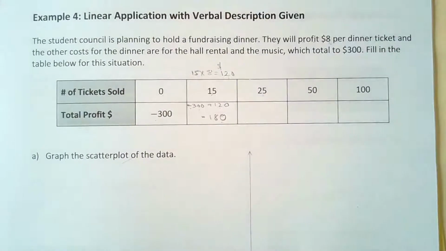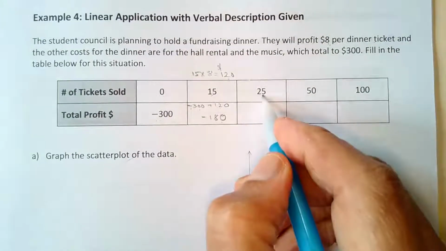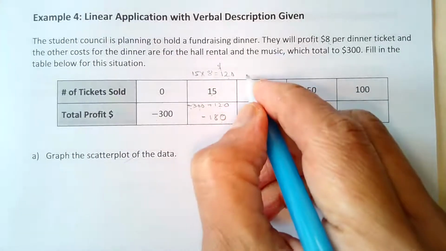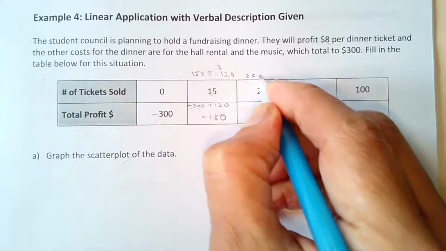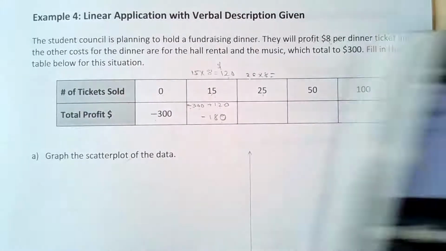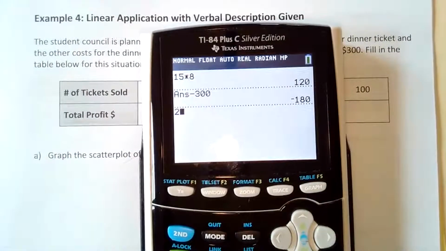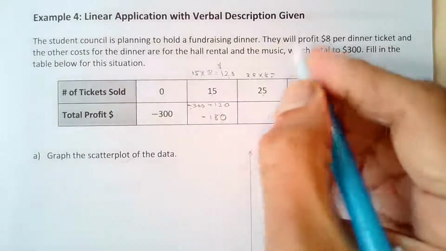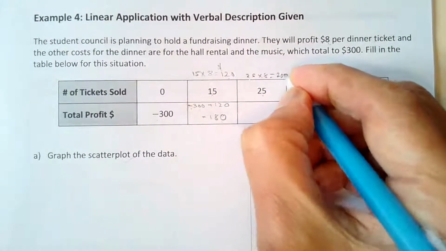But you continue to sell tickets and you've sold 25 tickets. So how much would that be? It would be 25 times 8, which on my calculator gives me $200.